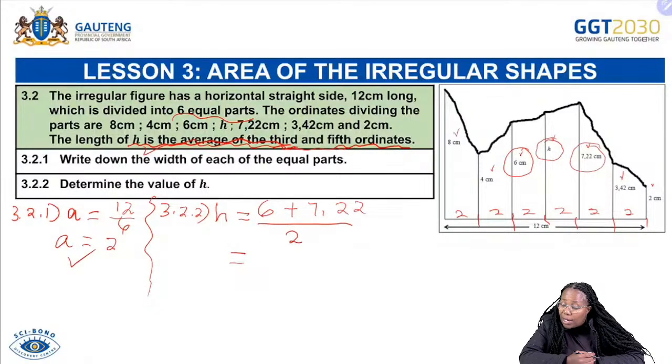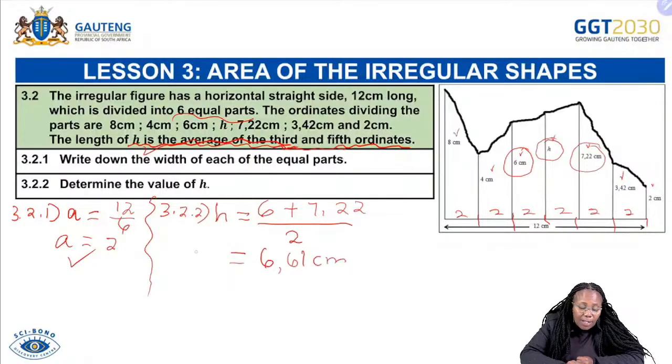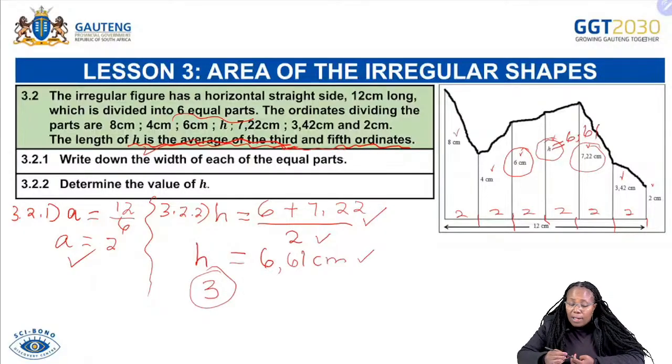If you add this and divide by 2, you end up with 6,61 centimeters. That means that is the height of this ordinate here. So it will be 1 mark for understanding and analyzing correctly, and then for dividing by 2, knowing that the average must be divided by 2, and finding the correct height of that ordinate as being 6,61.